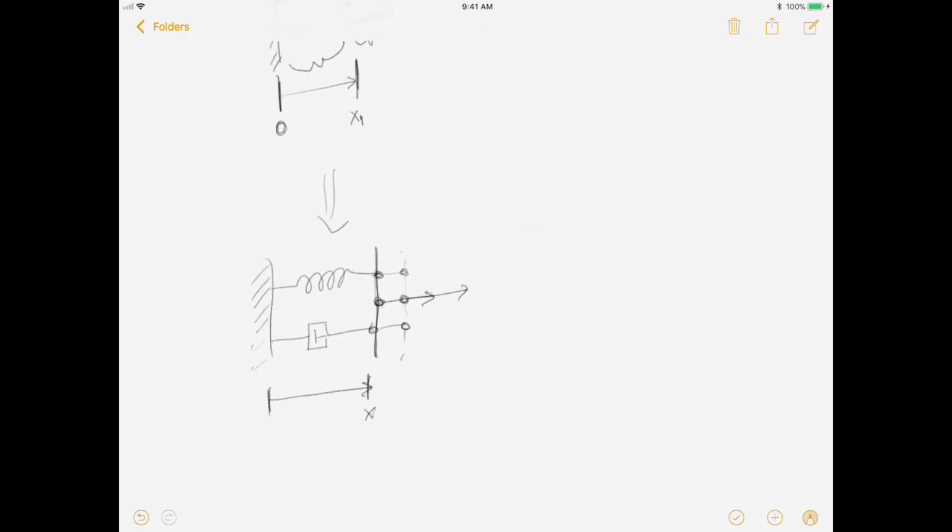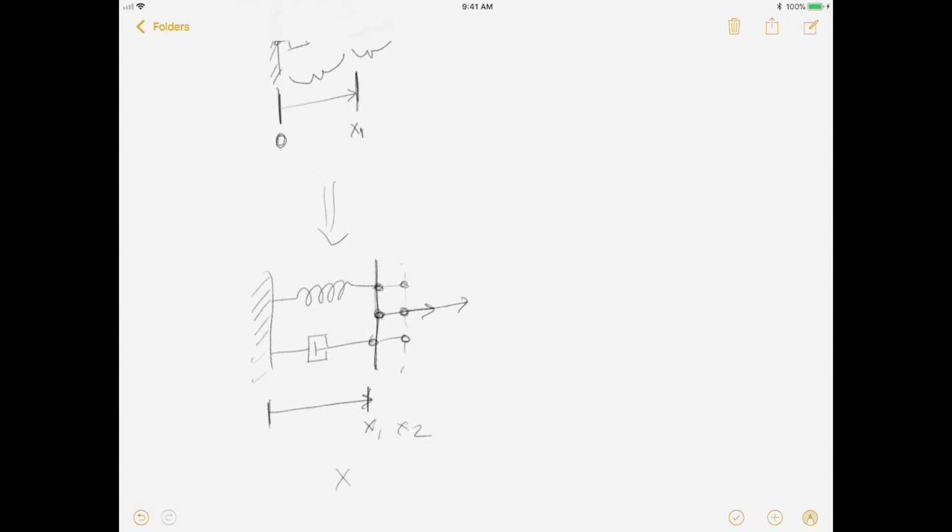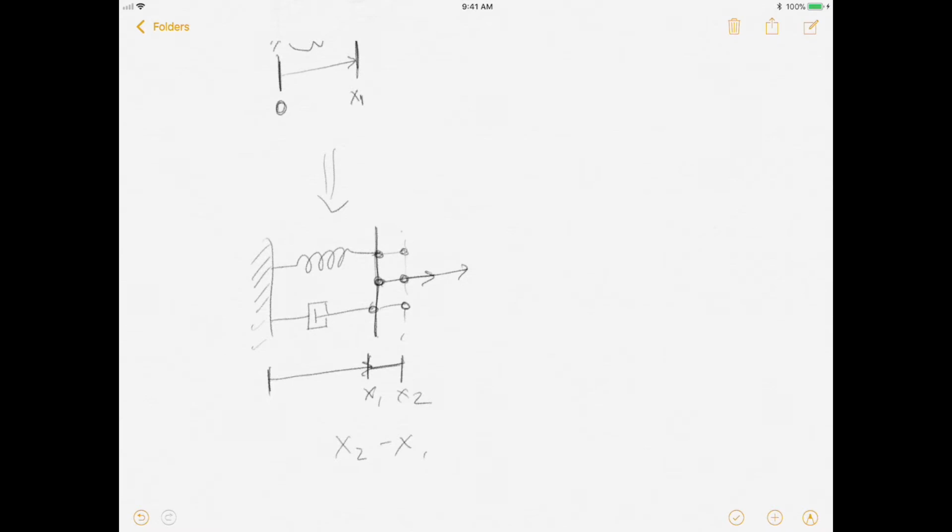The mass moves to this location. We'll call that x2. Well, all the components here have been moved by x2 minus x1, right? And this is just the one-dimensional coordinate space that I have right here. x2 minus x1 is representative of that change right there.